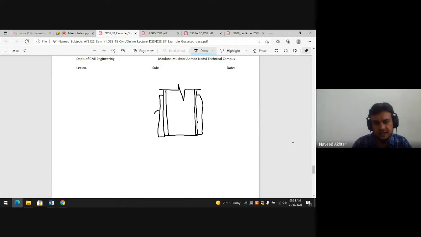Then your gusset angle, both sides. In the gusset angle, one leg is shorter, one leg is longer.